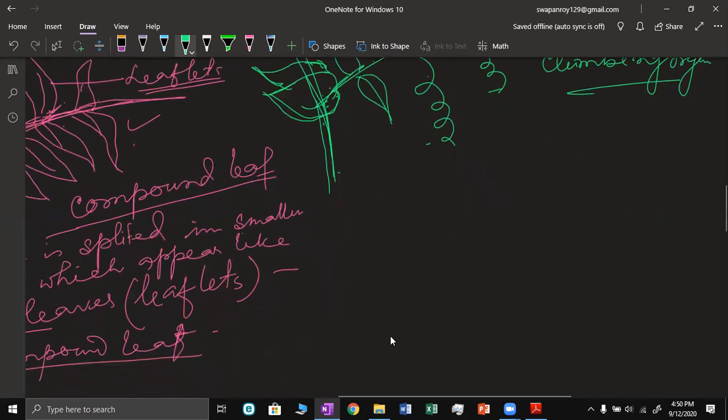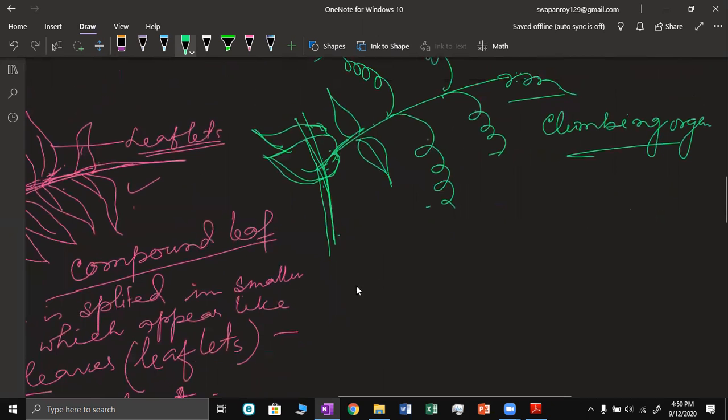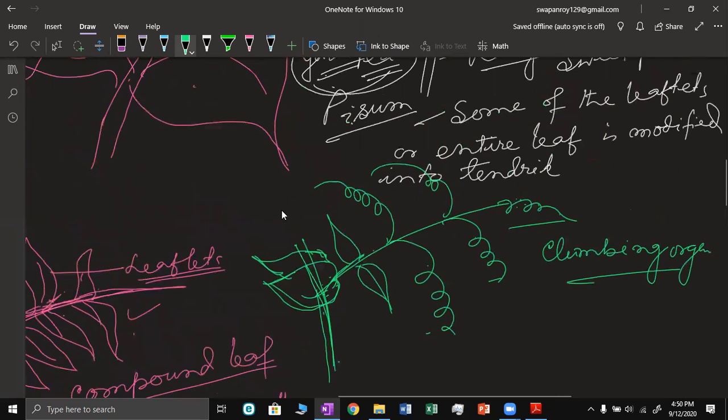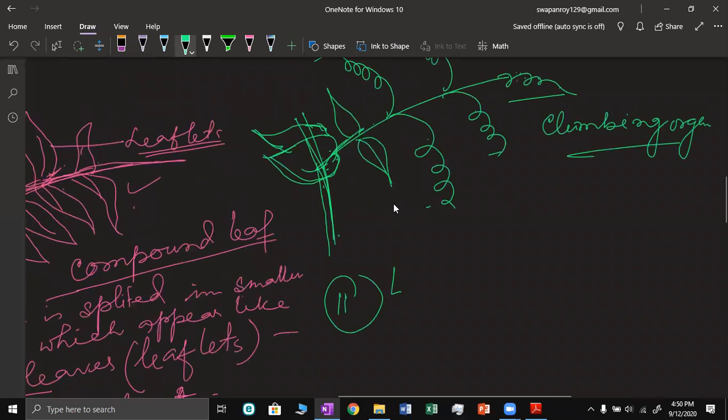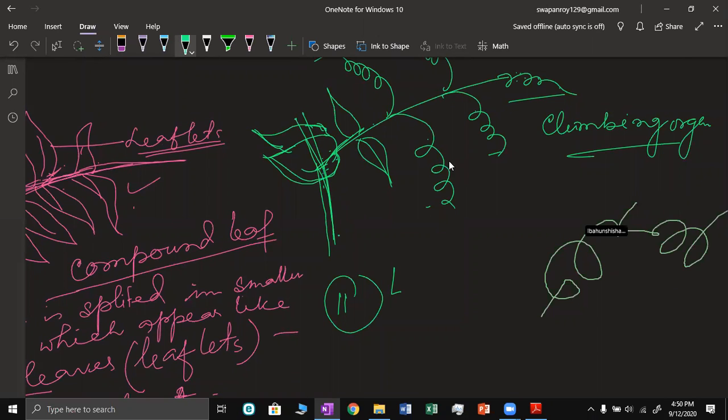Right now, another modification of leaf is modified into spines. Sir, yes. Can the stem also be spiral and give out spiral leaves?